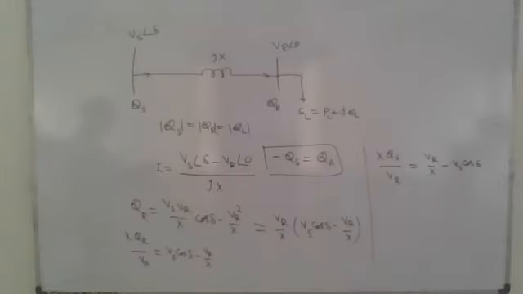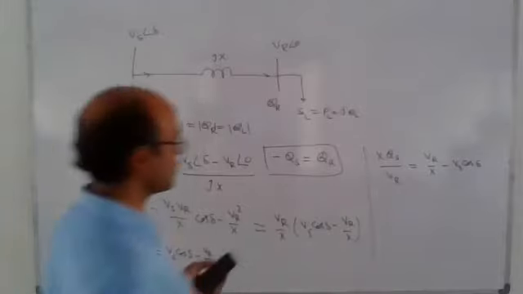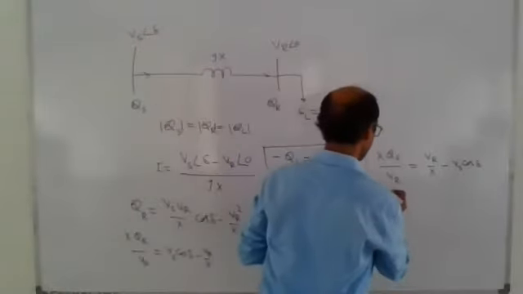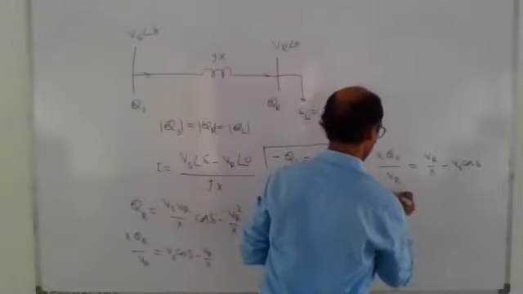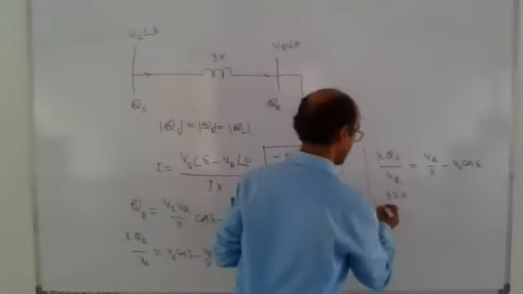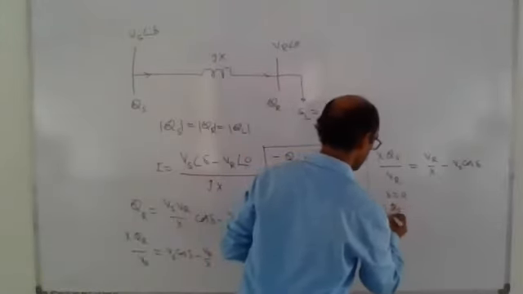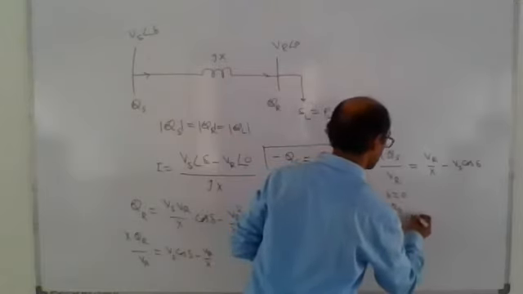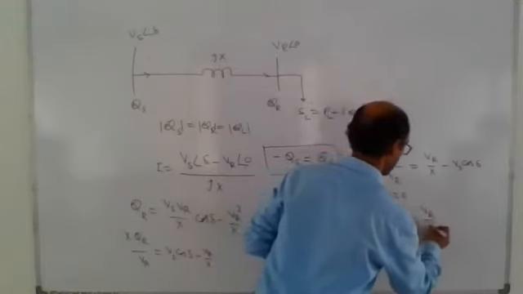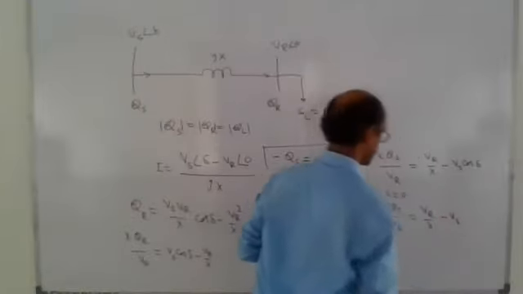X QS by VR. Are you getting it? Now I am assuming delta is approximately 0, very small. Then this is X QS divided by VR equals VR by X minus VS.